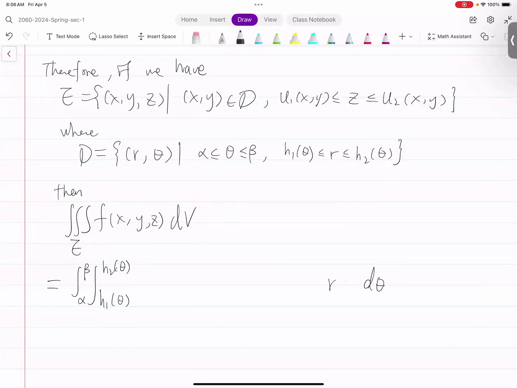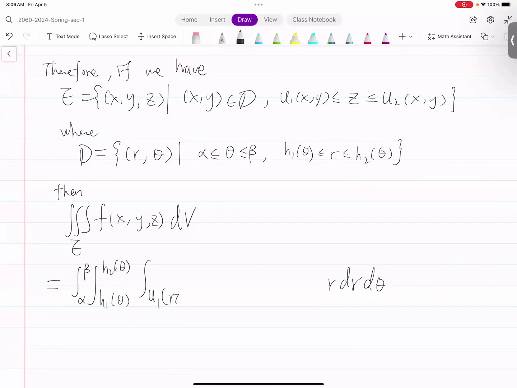And here we need to make sure that we have r dr d theta, which represents that dA, the way you calculate the area of the region D. Then we put down z, which comes between u1 and u2. But since we don't have xy anymore, xy will be translated into r and theta. So that's the polar substitution that we need to utilize.